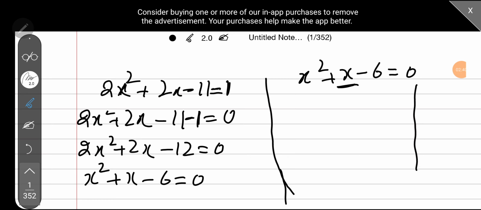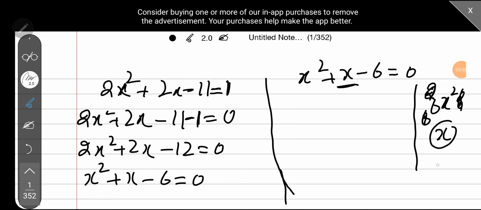So the multiplication of these two values will give us 6x square, and their addition will give us x.